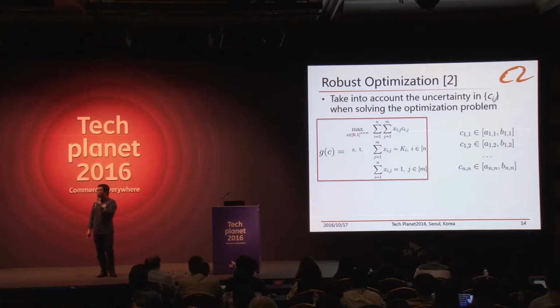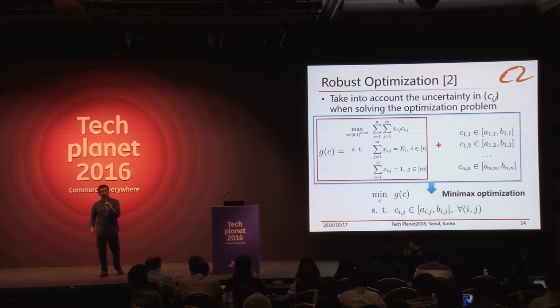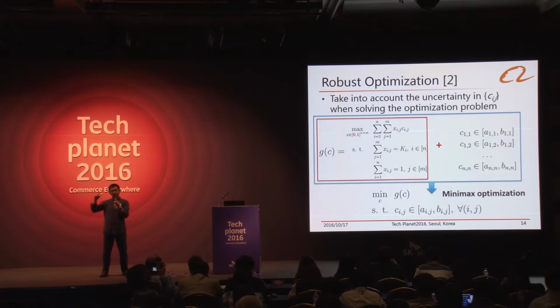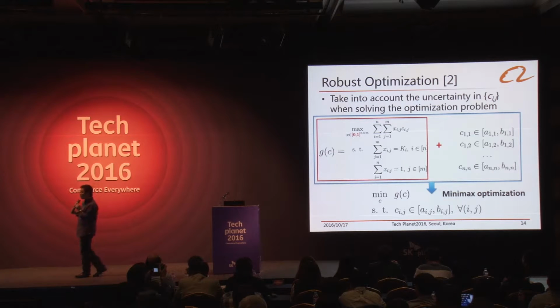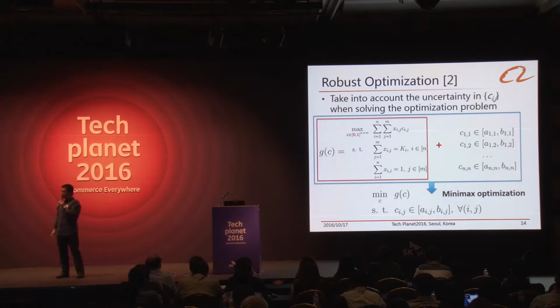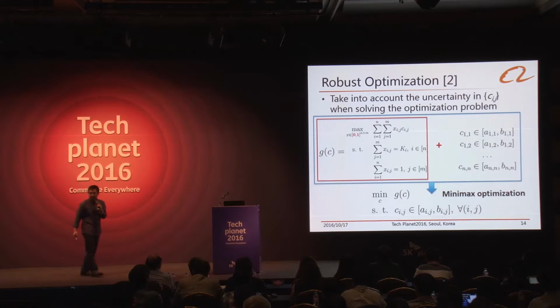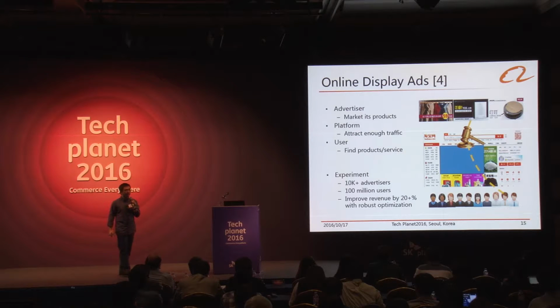And that turns out to be the exact spirit of robust optimization. Usually by taking the uncertainty into account, you end up with what we call a minimax or convex-concave optimization problem that can usually be solved by a Nesterov method. Okay? So we actually applied this technology to online display advertisement.